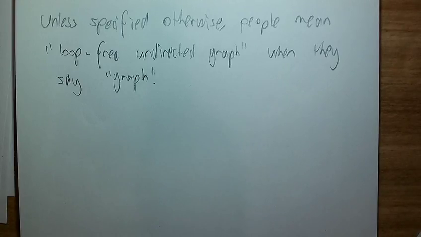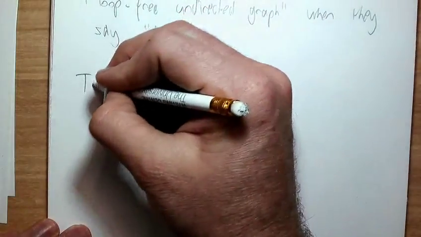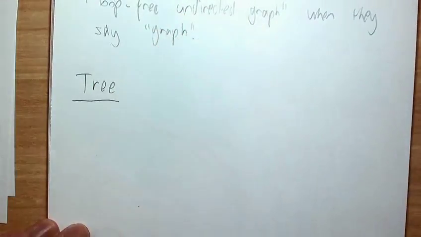Okay, there is one more type of graph. It will of course require us to define a specific type of information about a graph, but I'm going to put it here anyway. A tree.